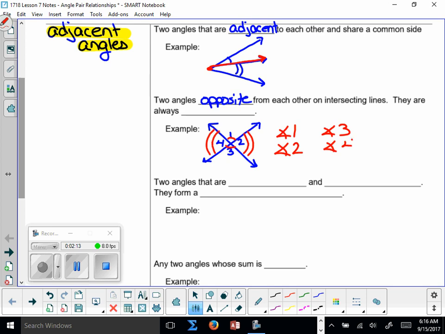And vertical angles are always congruent. That's very helpful when we're solving problems. And you saw vertical angles in middle school. Yet another vocabulary word for us.